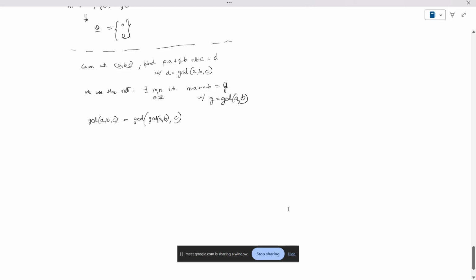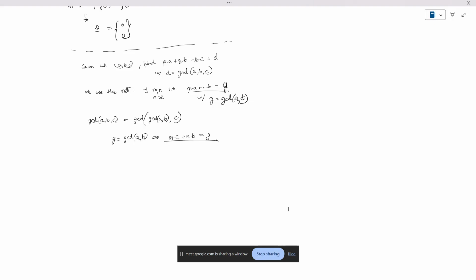So if I use the equation that I have written above, what we get is G equals GCD of A comma B, then MA plus NB equals G. So this is my first statement.